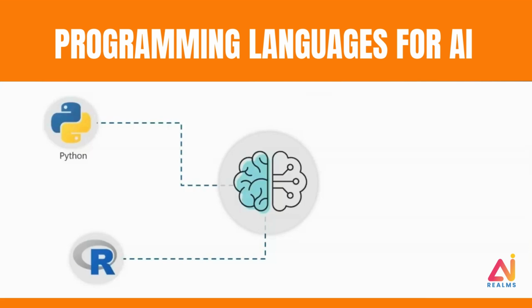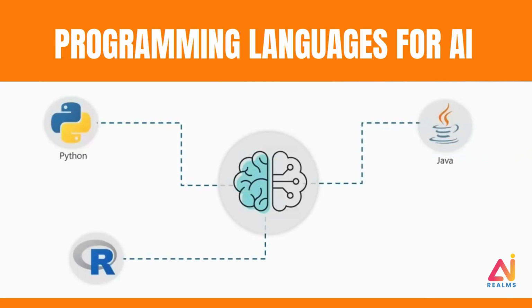The syntax is very similar to the English language, and it also has a number of libraries that support statistics, data science, AI, machine learning, and so on. It also has predefined functions for machine learning algorithms, natural language processing, and so on.